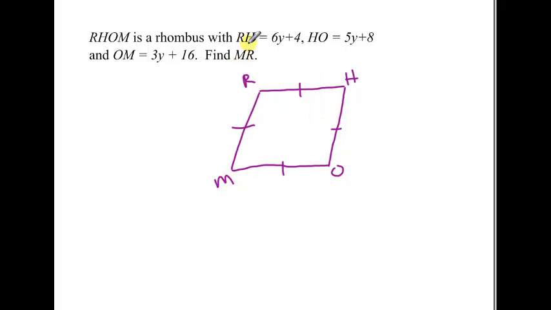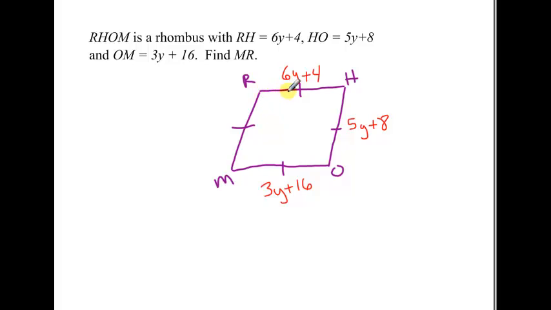R-H-O-M. And R to H, they tell us, right up here at the top, is 6y plus 4. And then from O to H, that's 5y plus 8. Oh, one more. O to M, right here, 3y plus 16. We get to find M to R.